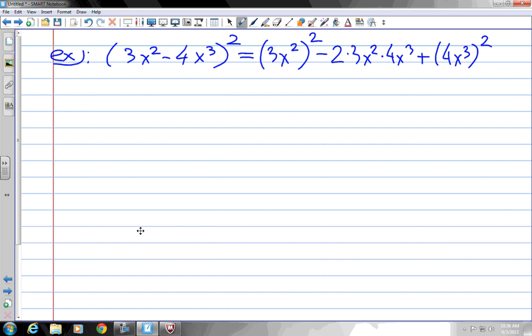So the way I'm seeing this is a minus b squared. And this is little a squared, this is 2ab, b squared. So those are the matches. So 3x squared is the a, and 4x cubed is the b.